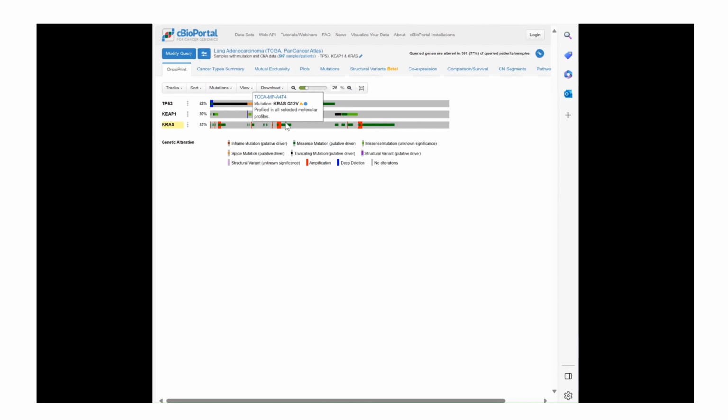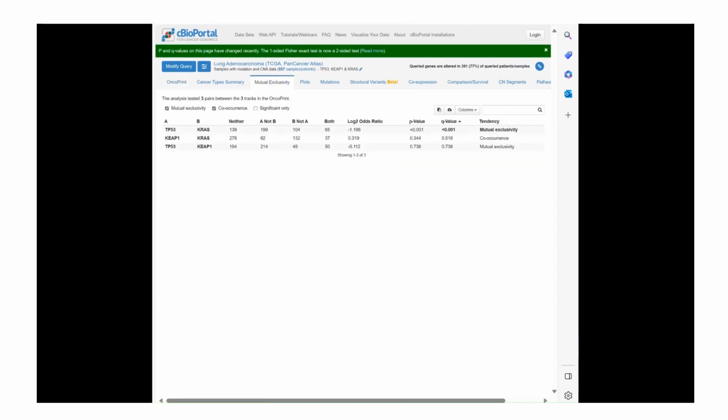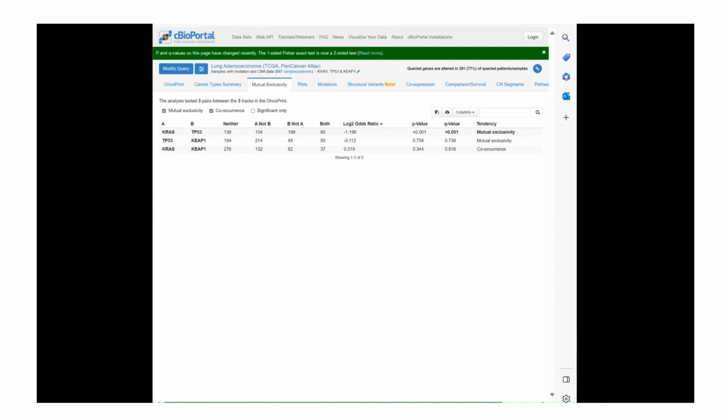However, we want more detailed information, especially statistically significant information, and that's why we go and click on the mutual exclusivity tab over here. In the first line of the table, you can see the comparison of the KRAS mutations and the TP53 mutations.